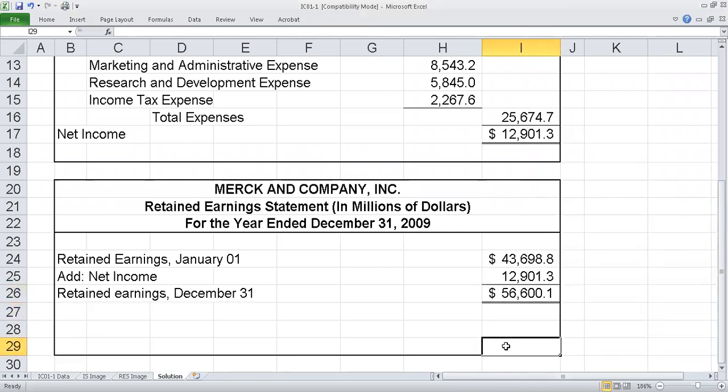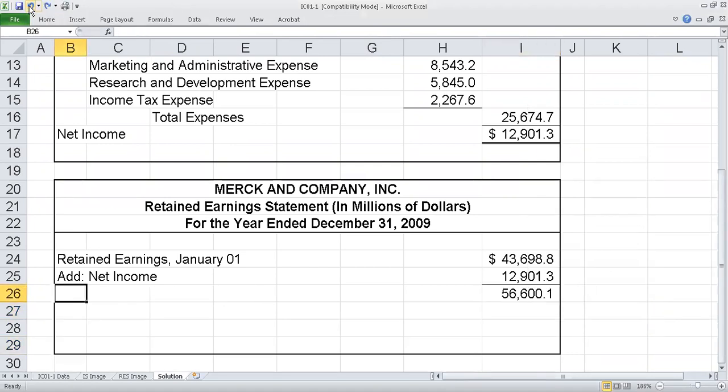But we did have dividends. If we didn't have any dividends, the retained earnings statement would be 3 lines. It would be super simple. But because we have some dividends for Merck, we need a little bit more.